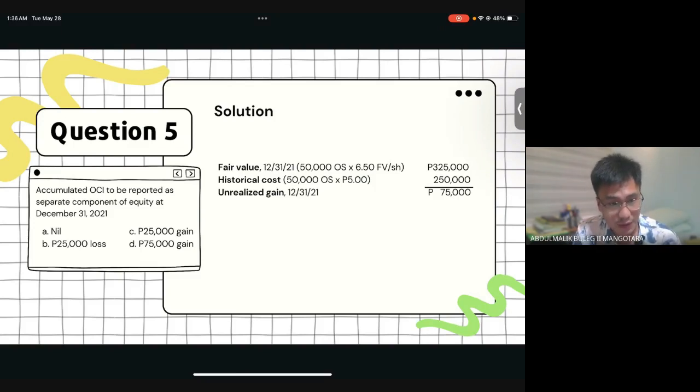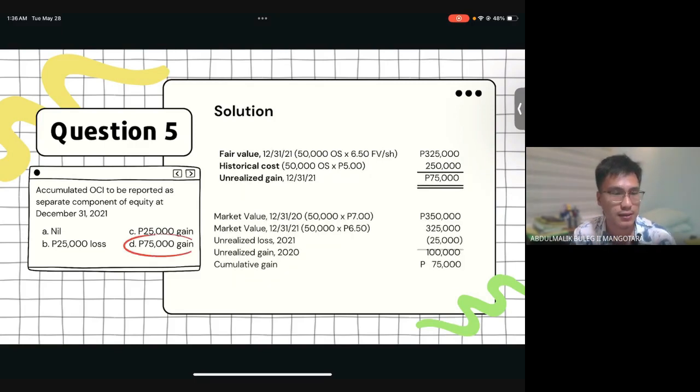December 31, 2021, unrealized gain. So I have also prepared an alternative solution for this. So we determine the amount to recognize in accumulated OCI for Mikawayan Incorporated investments. We first need to identify the relevant information. Mikawayan Incorporated acquired 50,000 ordinary shares, as mentioned, for 5 pesos per share as of January 2, 2020.